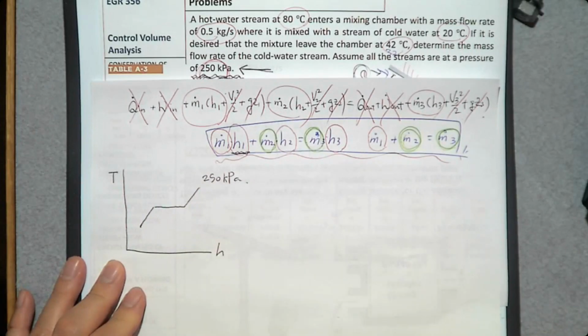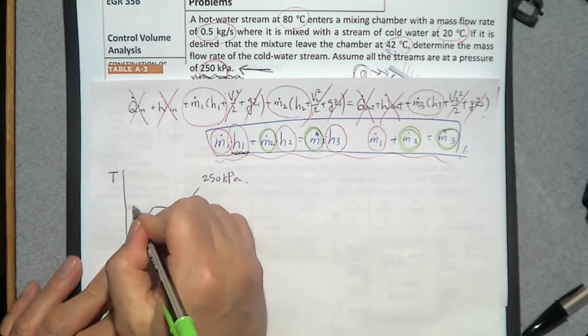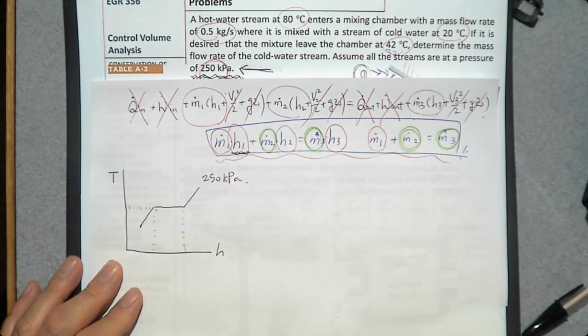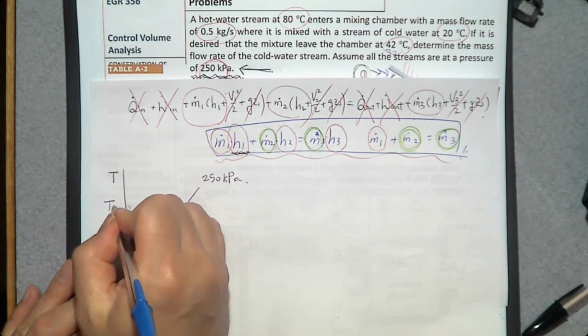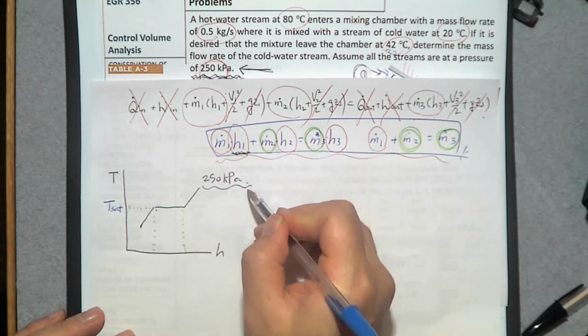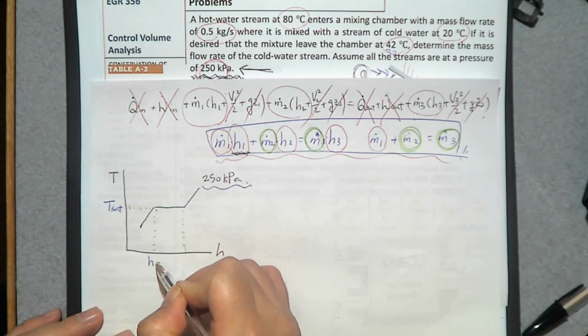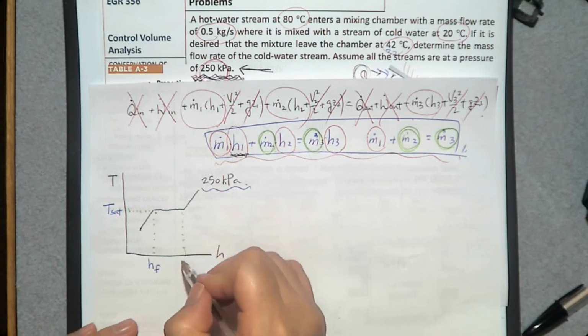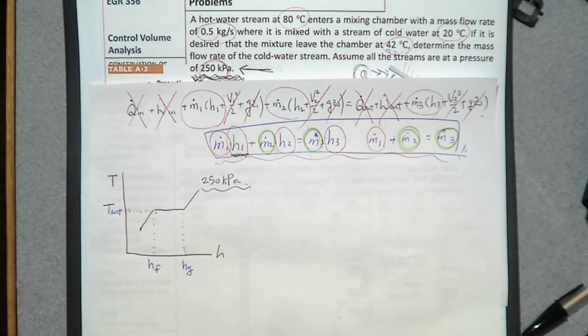To complete this T-h diagram, we need to know three properties. They are T sat, the saturation temperature at 250 kilopascal. In other words, at what temperature this water boils at this pressure, and hf, the specific enthalpy of saturated liquid, hg, the specific enthalpy of saturated vapor.